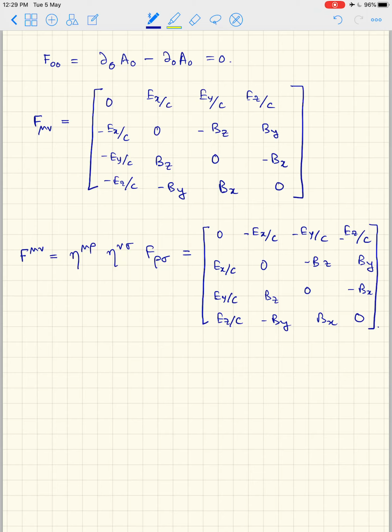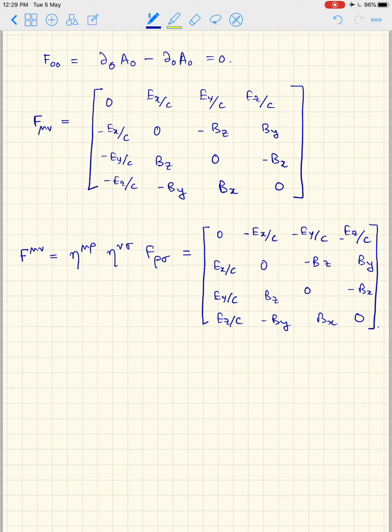All right, so this is what it's going to be. So this, you remember, is you just take the lower matrix multiplied by 2 of these etas, and you just get this matrix, right? So that's what you have to do.